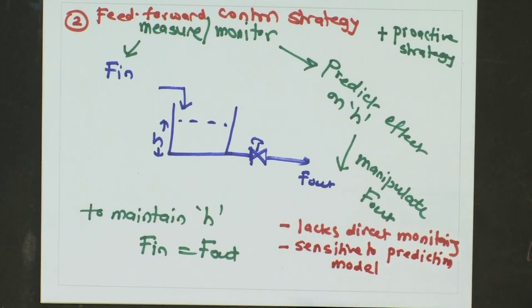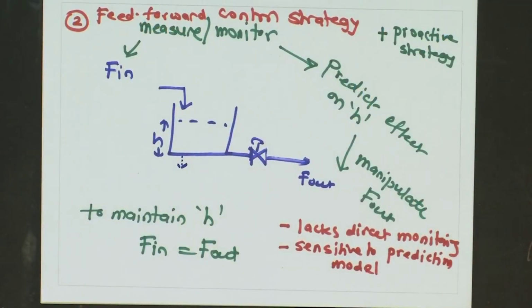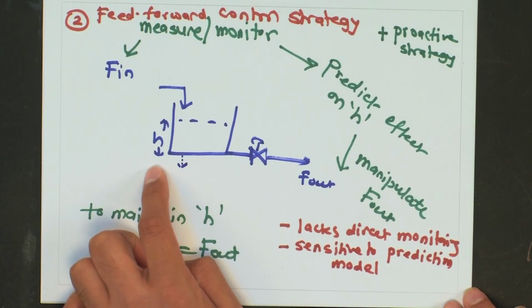Now, in this case, the prediction model was that as long as I maintain Fin equal to Fout, my height inside the tank is going to be regulated. But just as in the case of the feedback control strategy, if there was a small leak inside this tank, then even if I maintain Fin equal to Fout, my height inside the tank will keep on reducing.